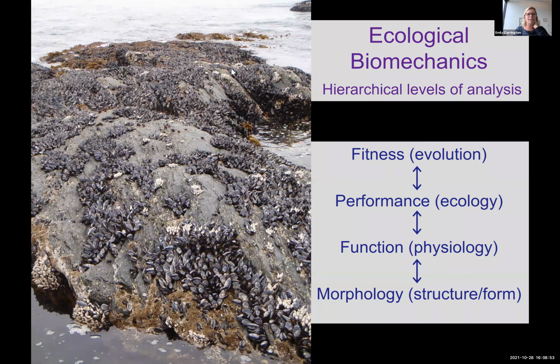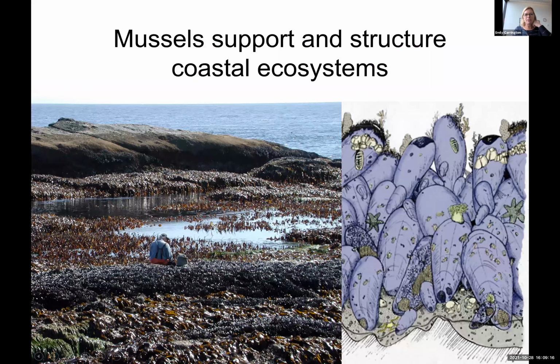They are one of the dominant species on temperate rocky shores. So what you see in this picture is a slide taken from the outer coast of Washington State, and mostly those are dense aggregations of bivalve mussels. Okay, so one of the reasons I want to study mussels is that I'm motivated by their ecological importance.